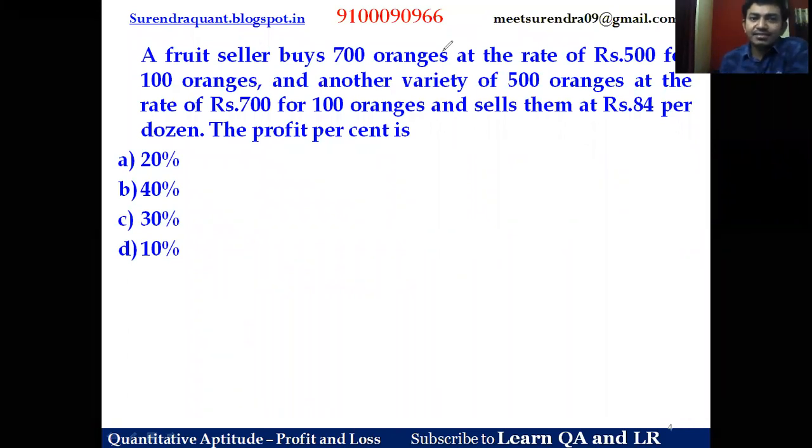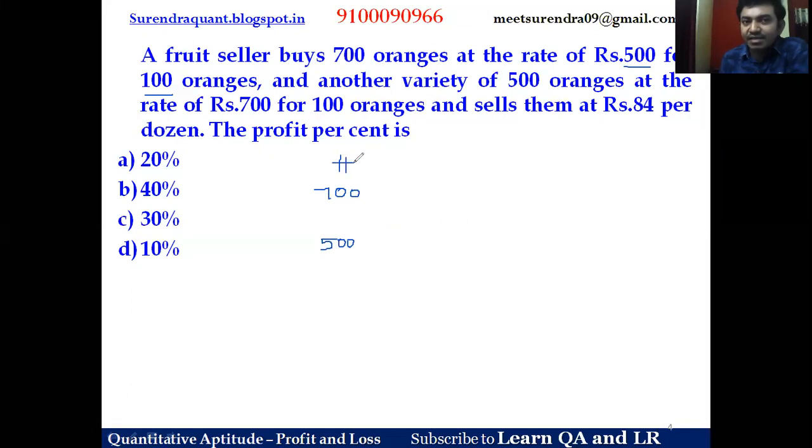A fruit seller buys 700 oranges at the rate of 500 rupees for 100 oranges, and another variety of 500 oranges at the rate of 700 rupees per 100 oranges, and sells them at 84 rupees per dozen. What is the profit percentage? So this is the number of articles he purchased initially.